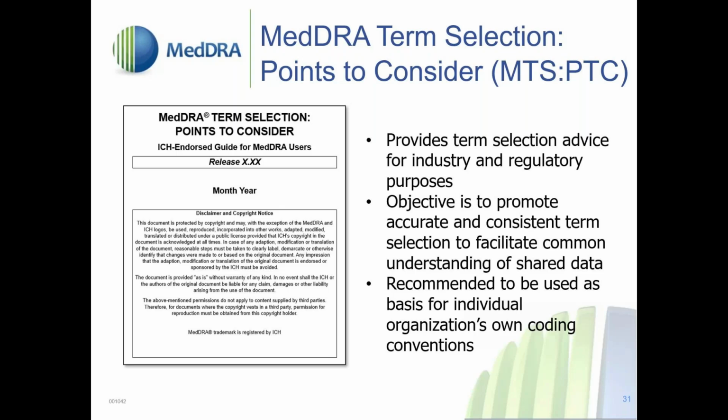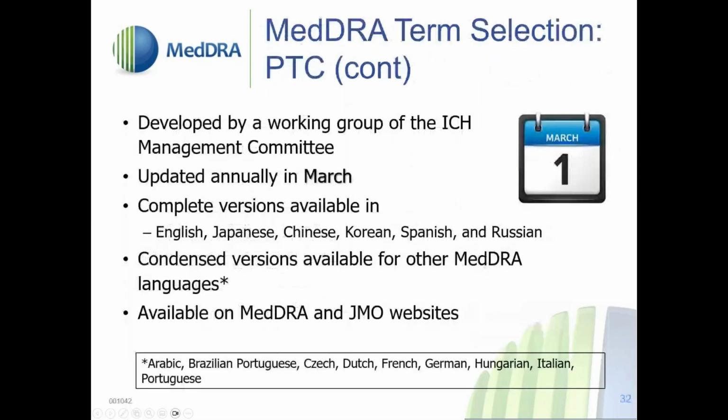So in my 20 years experience in the industry, I've always had organization-specific coding conventions, but the level at which these are created can vary from organization to organization. So you could have organizational level guidelines and then get further customized at the product level or indication level, sometimes at the study specific level. The ICH endorsed coding guidelines is developed by a working group of the ICH Management Committee and includes representatives from global regulators worldwide as well as industry representatives.